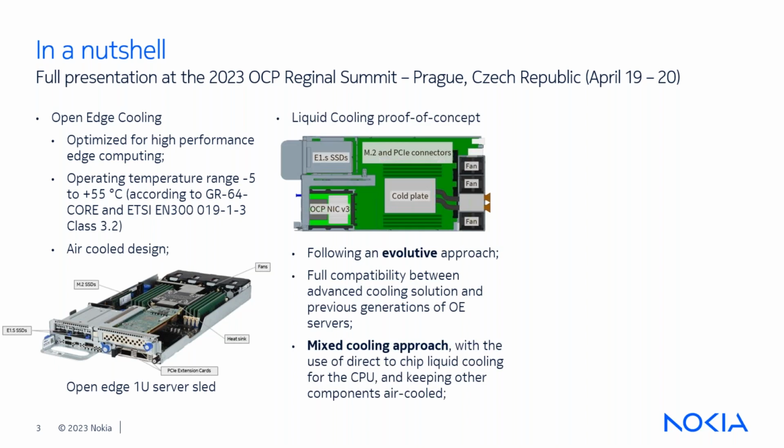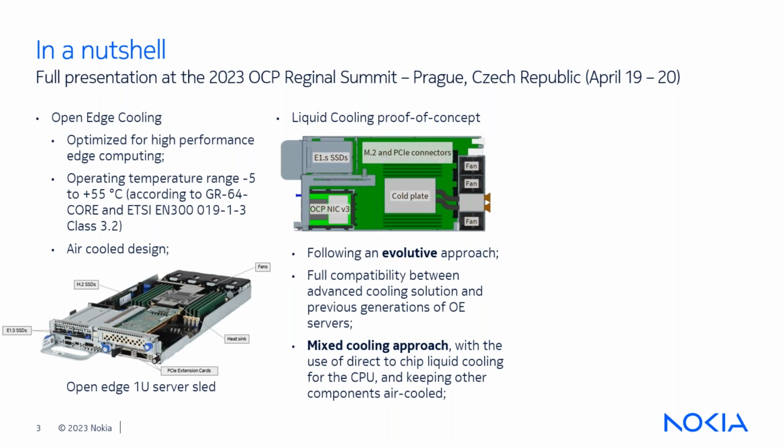So for this viability study, we designed a proof of concept in which one of the fans is replaced by modules for the connection of the liquid, and the heat sinks are replaced by a cold plate. Our main objective here is to use an evolutive approach, meaning that this liquid cooled system will be fully compatible between the liquid cooled chassis and the air cooled chassis.